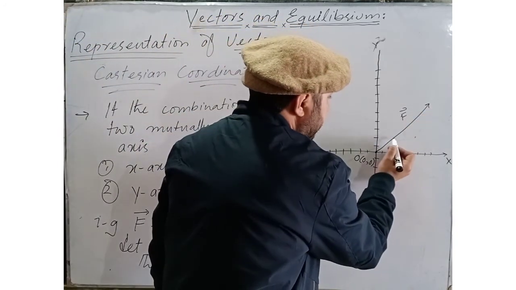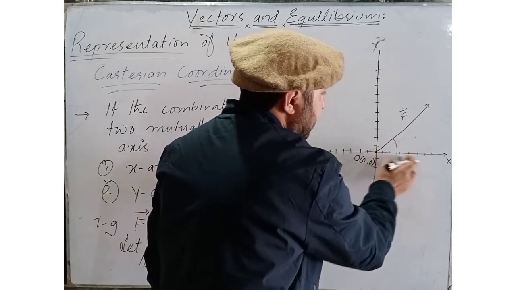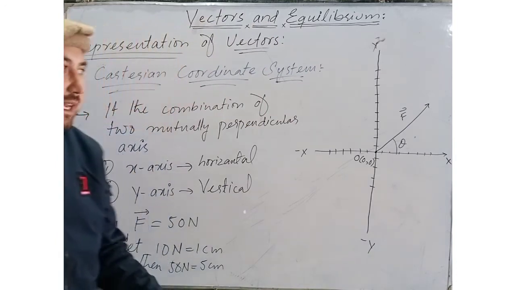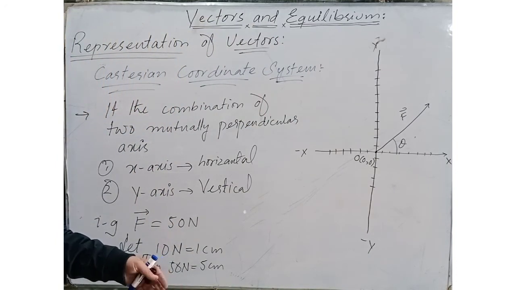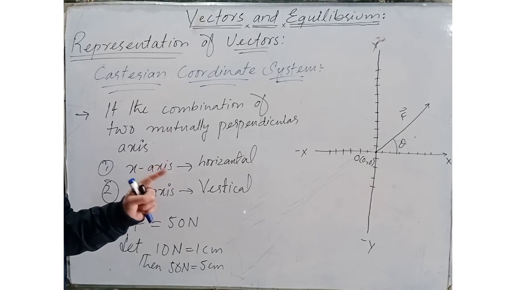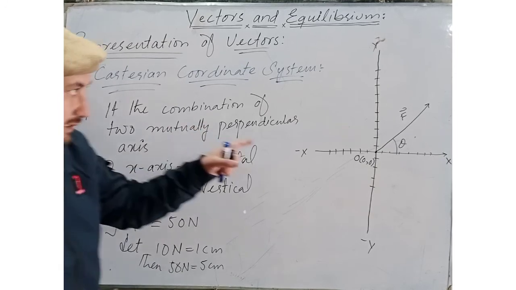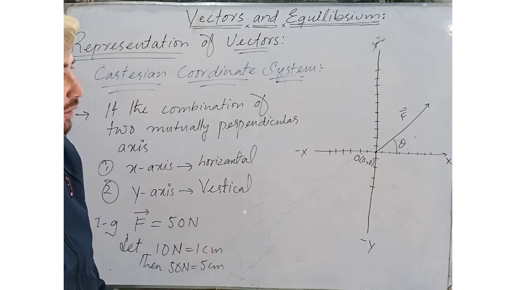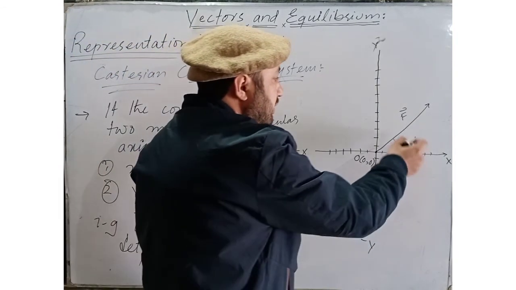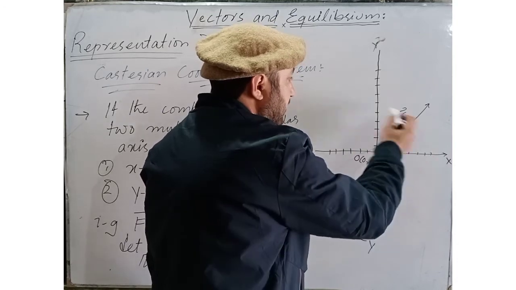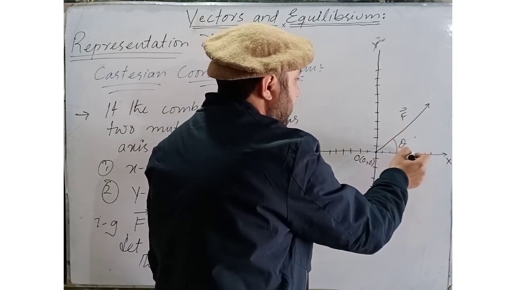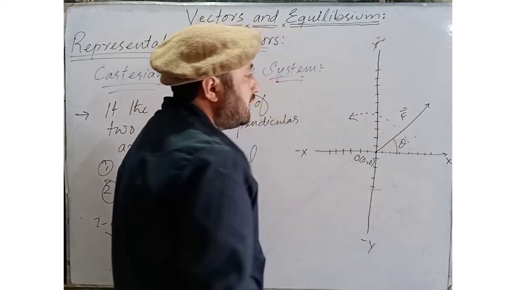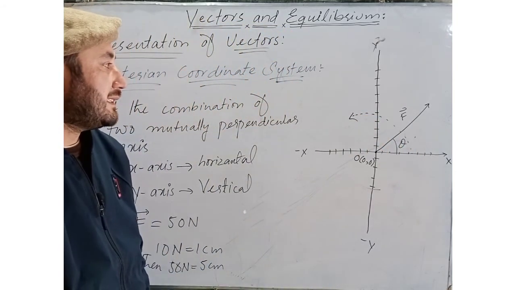Now here this force is making an angle theta with the x-axis, and this theta gives us an idea about the direction of that particular vector quantity. In this case we have force, so it gives us the direction of the force. Now theta can be measured both clockwise or anti-clockwise, but the convention for a positive angle theta is anti-clockwise.